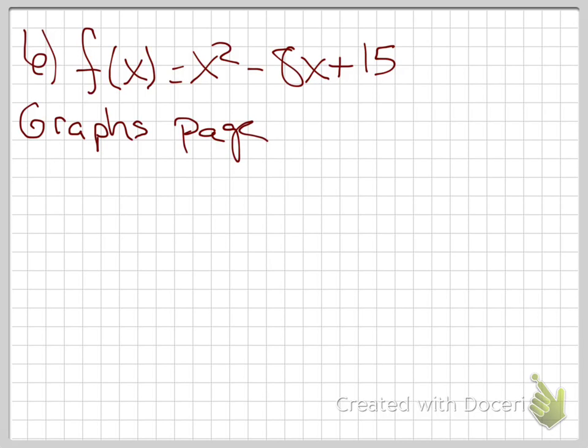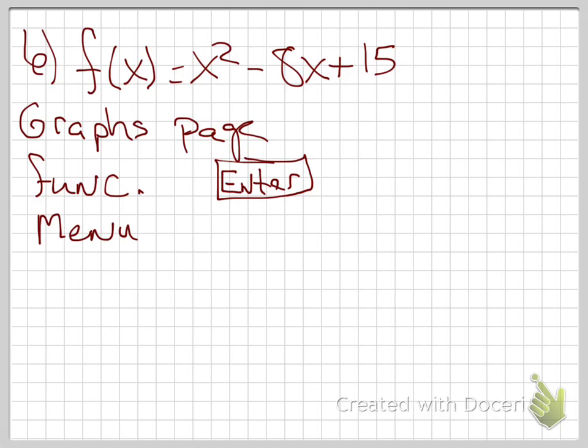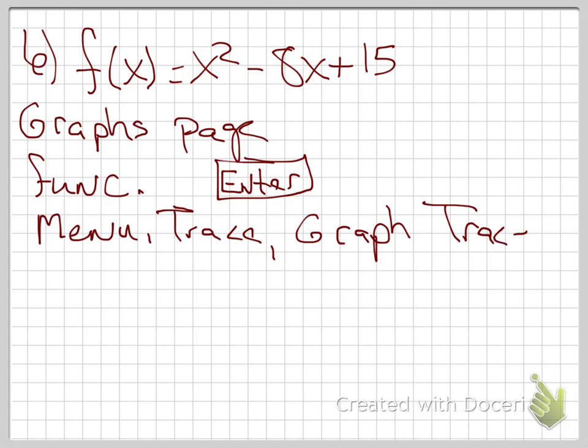You type in the function, press enter. Once you see the graph, you need to do menu, trace, graph trace. Then move the little cursor to the side until it finds you the maximum or minimum value.